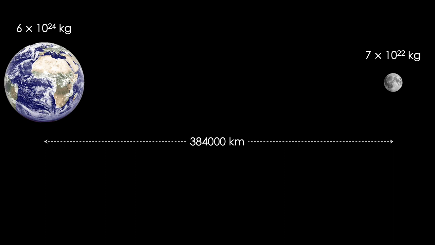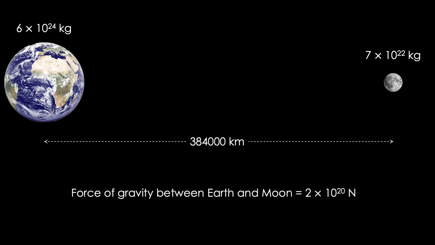Nonetheless, when we calculate the force of attraction between the Earth and the Moon, it comes out to be 2 into 10 raised to 20 Newton, which is very huge. Now this means that the force of gravitational attraction can act over very long distances, and it can act despite the fact that there is no medium between the two masses.